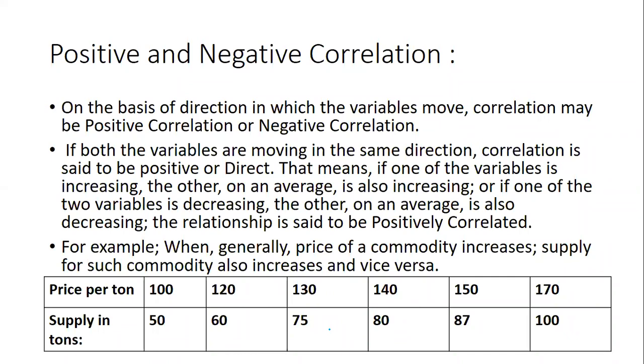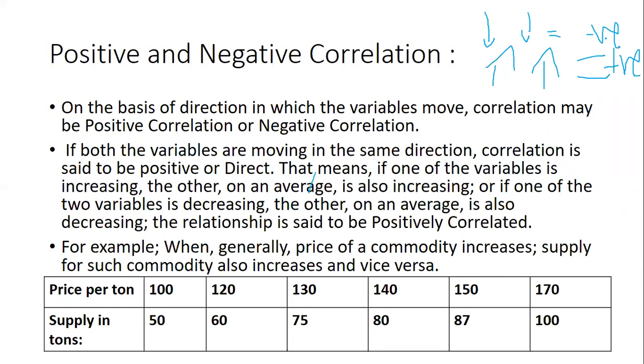Okay, if both variables are moving in the same direction, then it is said to be positive, which means if one increases and the other also increases, this is known as positive. If one decreases and the other also decreases, this is also known as positive. Understood?